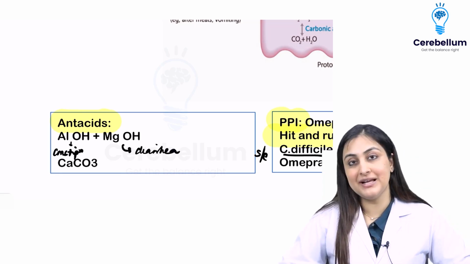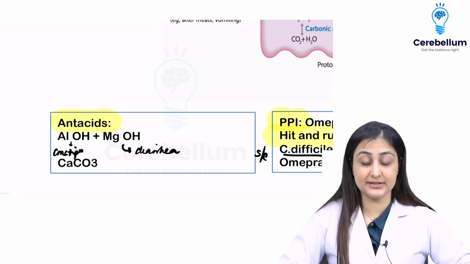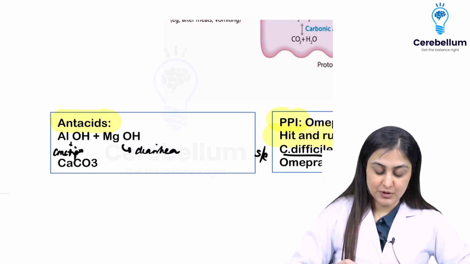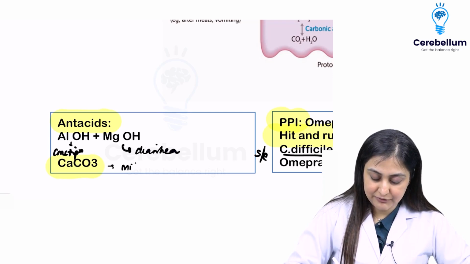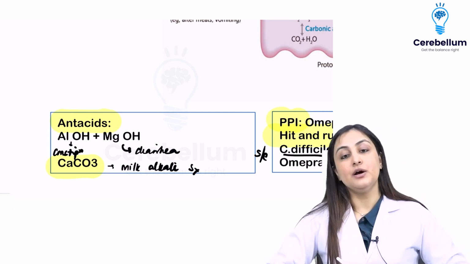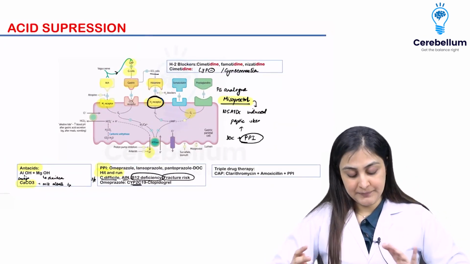You can combine the two and the net result would be nothing. You can also use calcium carbonate as an antacid, but it has a side effect of milk alkali syndrome resulting in hypercalcemia. So this is about the antacids.